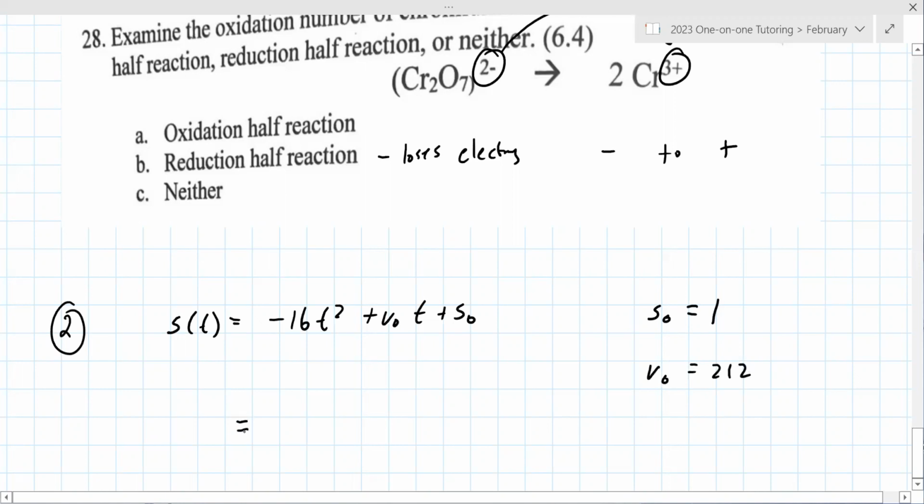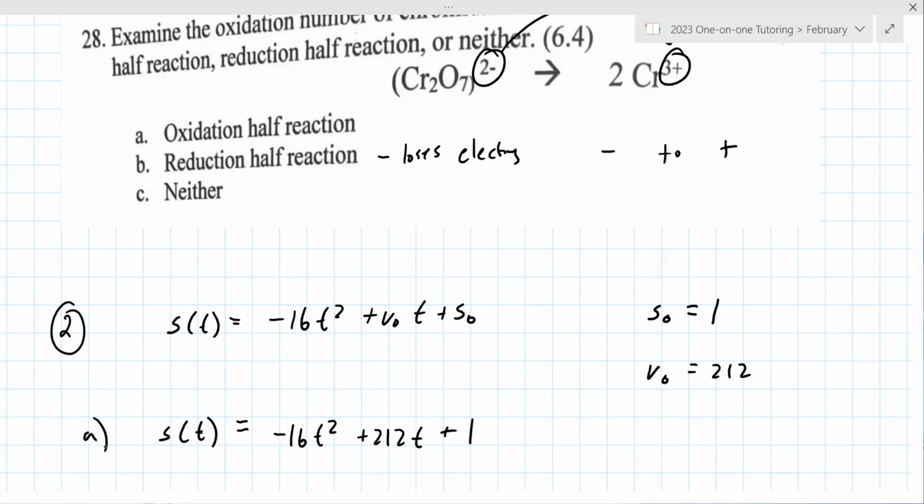So we've got our equation here: -16t squared plus 212t plus 1. That's part A. Is that okay? Yeah. All right.